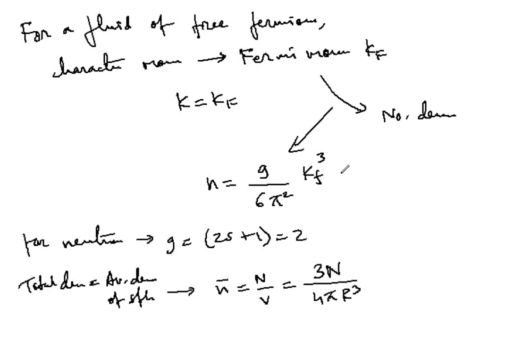If I equate these two, then I get a relation for the Fermi momentum: kF is equal to 9 pi by 2g whole to the power 1 by 3, N to the power 1 by 3, divided by r.